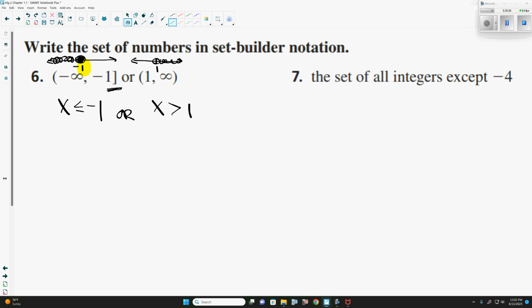All the values greater than 1, so infinity would be greater than 1. Anytime negative infinity or infinity is included in interval notation, it's not written in the inequality. It's understood that all the numbers bigger than 1 are heading to positive infinity, and all the numbers less than negative 1 are heading to negative infinity.